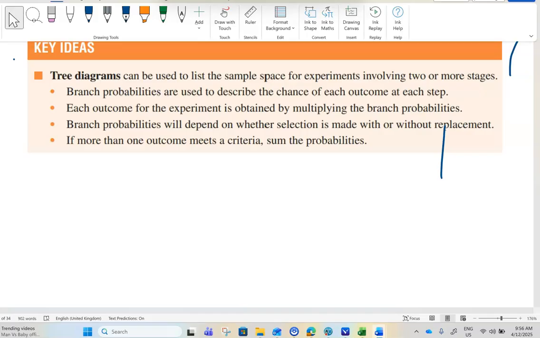Each outcome for the experiment is obtained by multiplying the branches. We'll see this in a minute. We branch it out and we give the options.